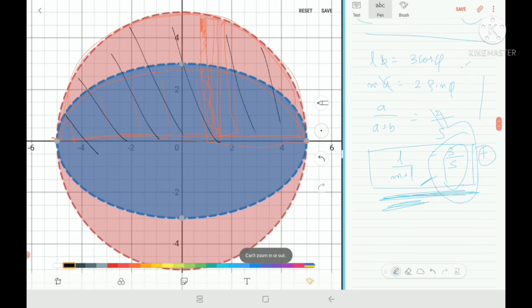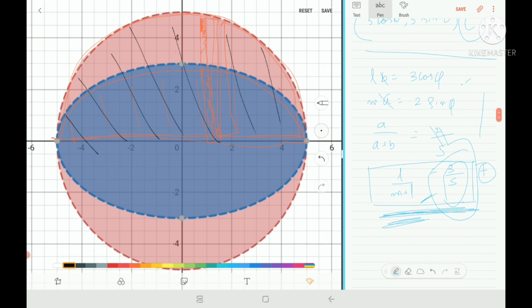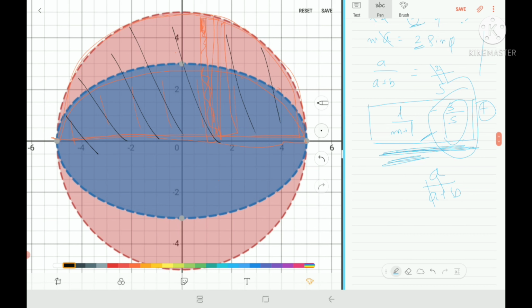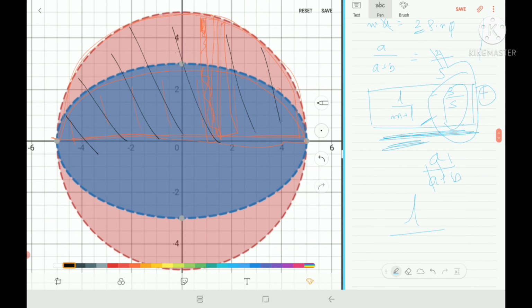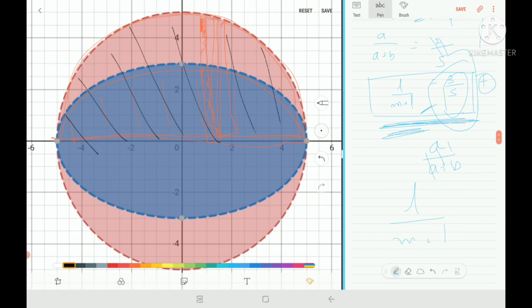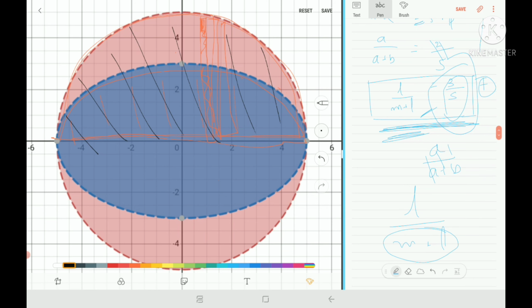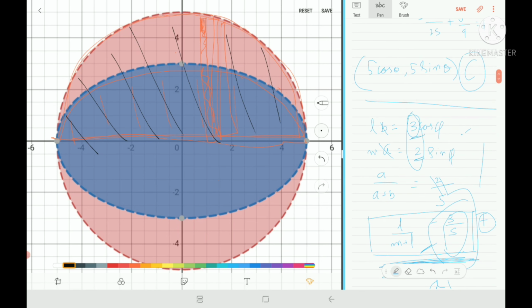And essentially 3 by 5 has just popped out because of 3 divided by 3 plus 2, which is essentially a by a plus b, right? Oh, sorry, again I did the same mistake. It is not a by a plus b, it is l by m plus l, and m plus l is 3 plus 2.